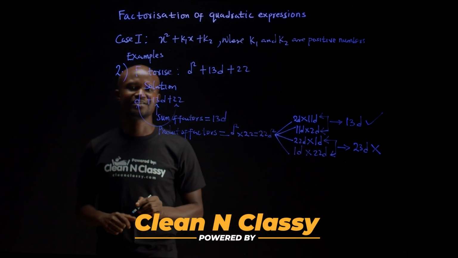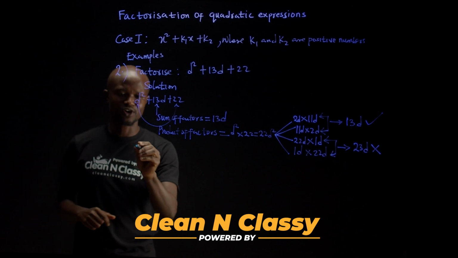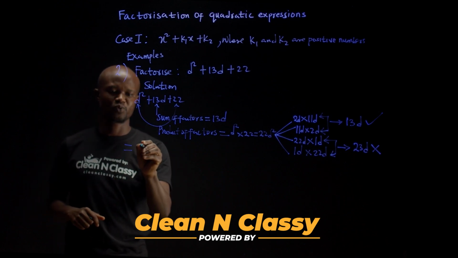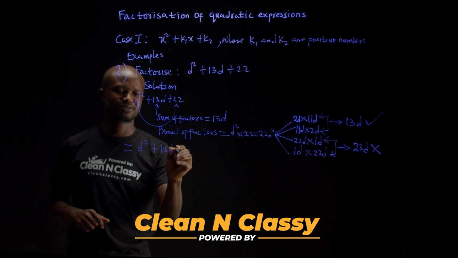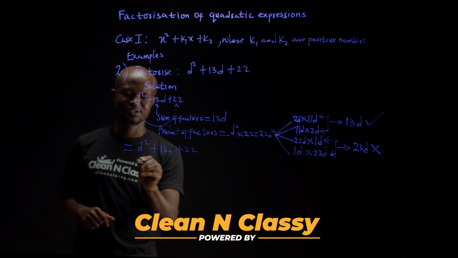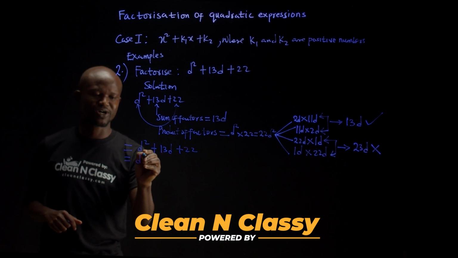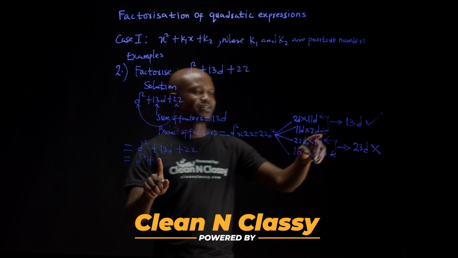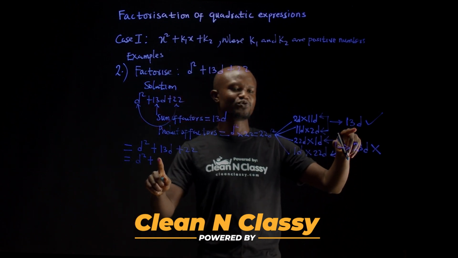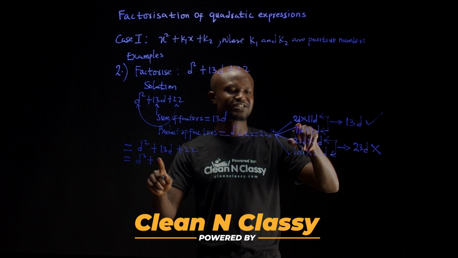So in this case, let's come back to the main problem. We have d squared plus 13d plus 22. Now we have d squared plus, what is the 13d here? For the 13d, what are the two values? 2d and 11d.